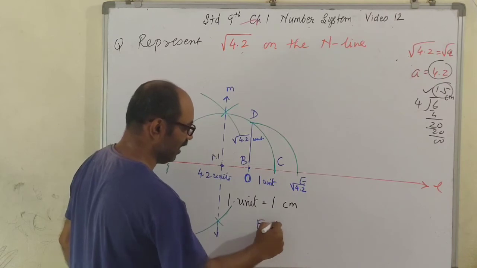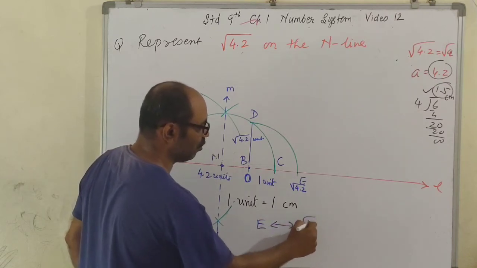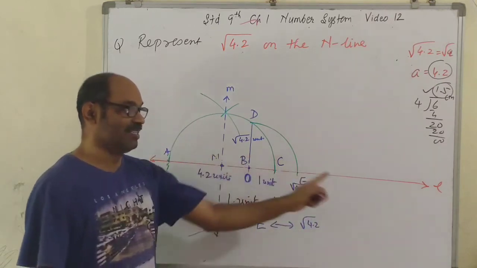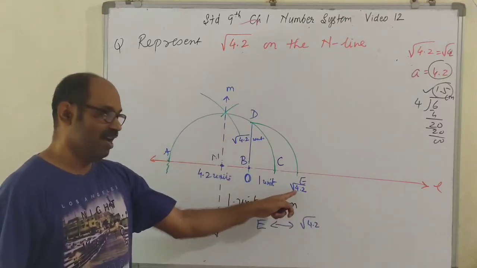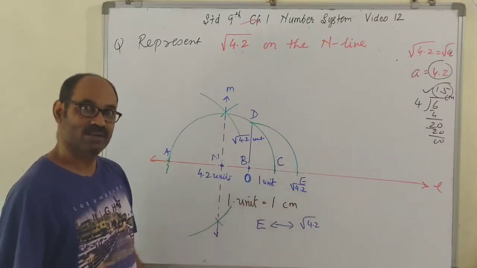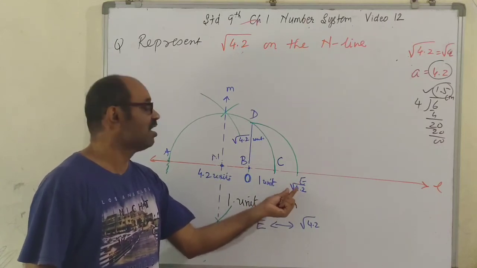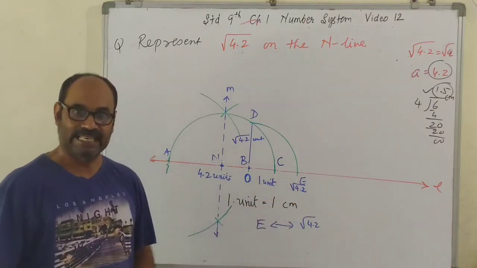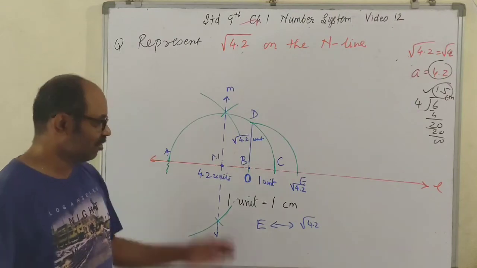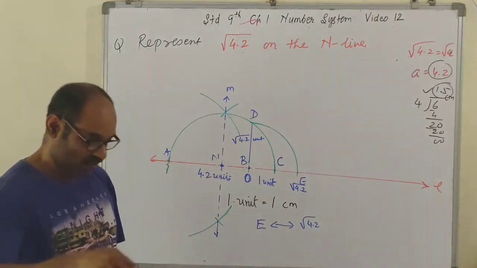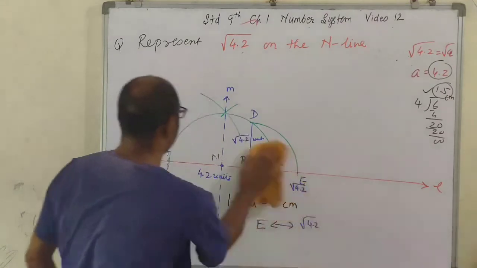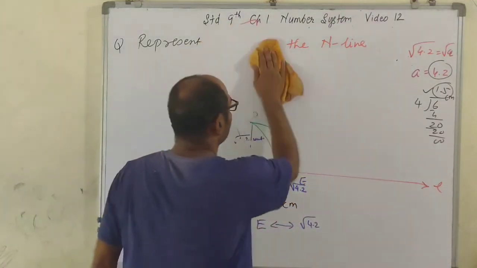So here you can say E corresponds to root 4.2. So here is a number line where root 4.2 is a number, an irrational number corresponding to point E. Did you understand? So this is the construction. We'll see one more. Alright. And the last one for today's session.